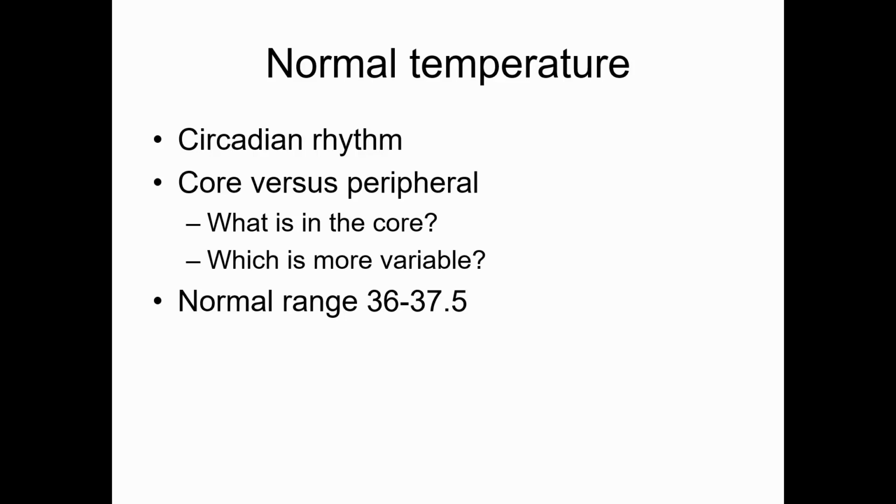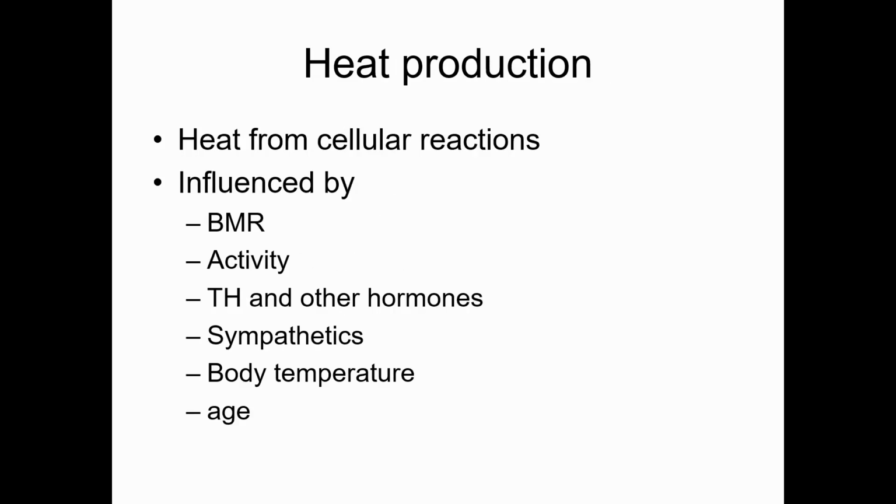Normal range of a core temperature is between 36 Celsius and 37.5. So when we talk about thermoregulation, there are a couple of things. We can vary heat production, because remember, heat comes from cellular reactions. The heat that you produce is based on your basal metabolic rate.